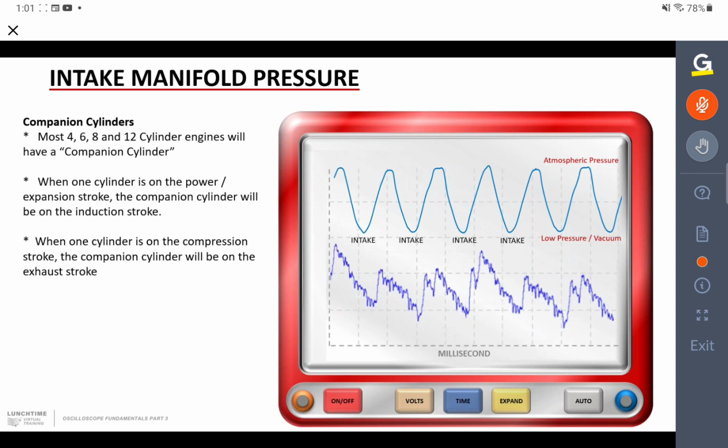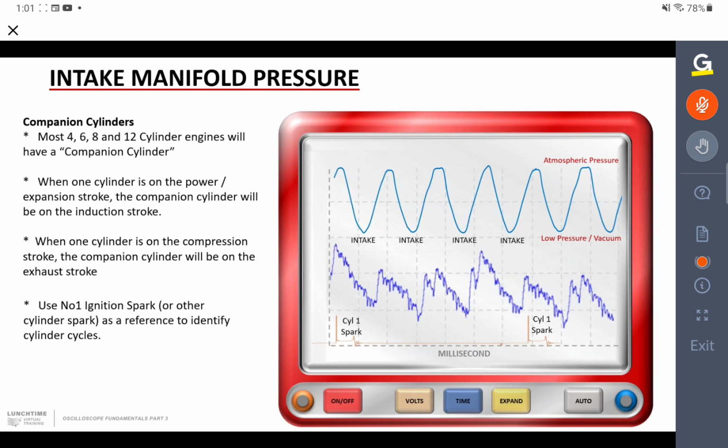But there are the lower peaks, the low pressure or the vacuum signal. We're not going to worry about the upper peaks for a minute, because they make no sense, other than the fact that we're not on an induction stroke when we get the higher peaks. Now, what we then need to do is try and figure out which of those peaks and troughs, which of those low pressure vacuum signals, corresponds to which cylinder.